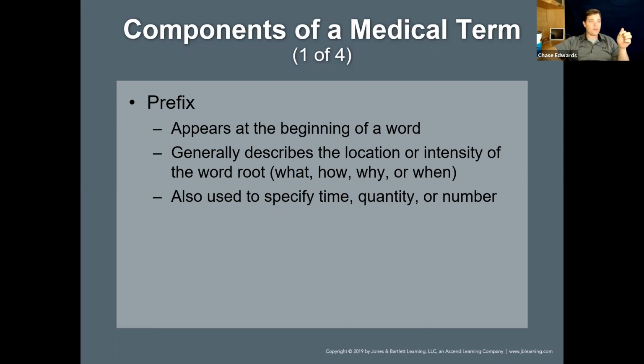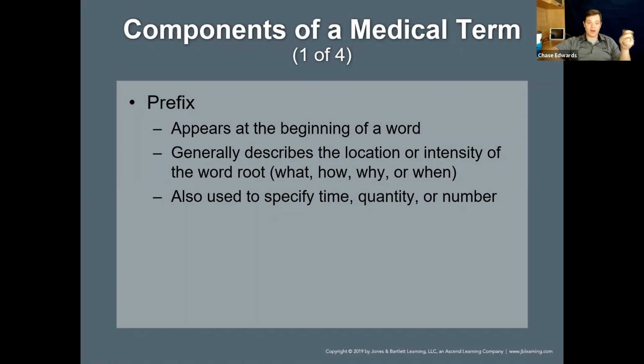Some examples of that would be sub means below, right? Cutaneous means skin. So subcutaneous means what? Under the skin, below the skin. That's right. As well as hypo means what? I know y'all read this.